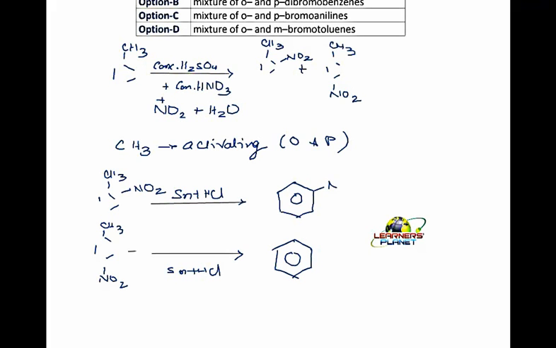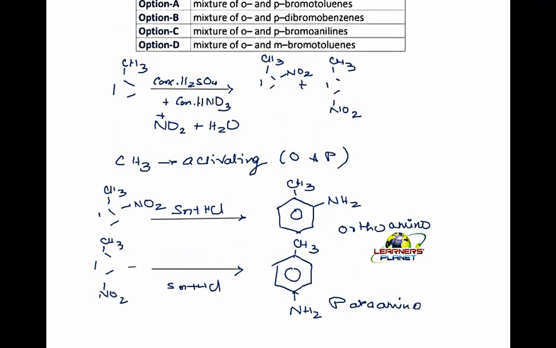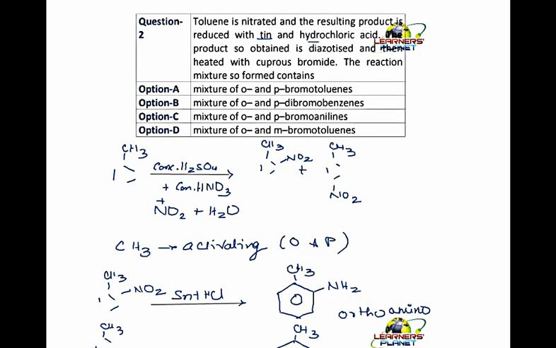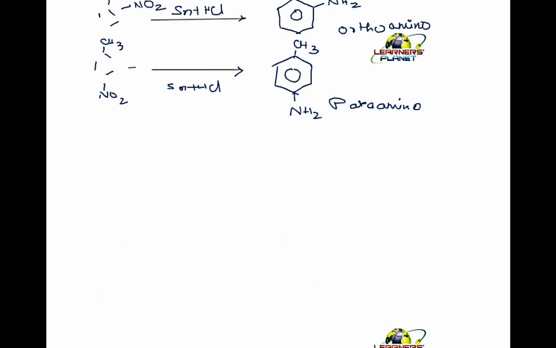Now this will be your ortho-aminotoluene, and there will be para-aminotoluene, right? This is ortho and this is para-amino. Now, what is the next thing which is going on? The product so obtained is diazotized and then heated with cuprous bromide.